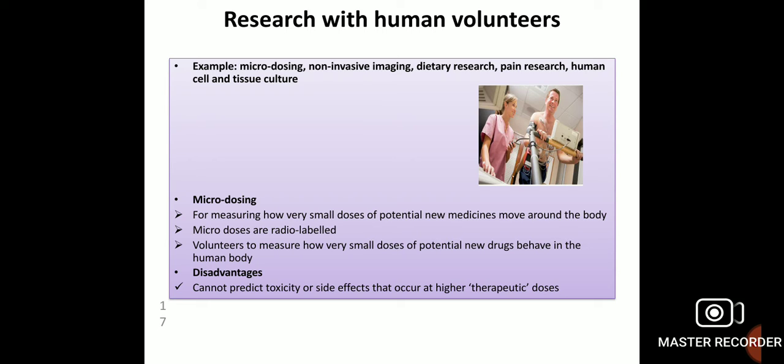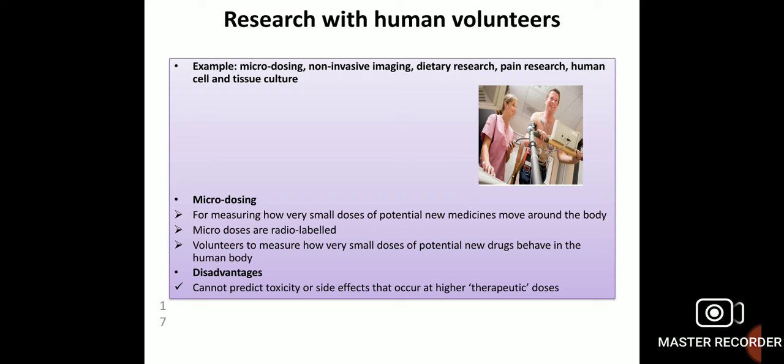We want the drug to act at the particular site and not get metabolized, so we need to identify where it is getting metabolized or excreted, and we identify it by using imaging.